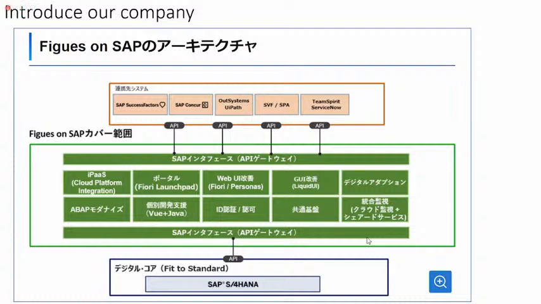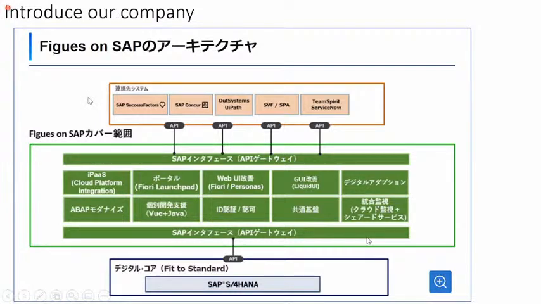Let me introduce our department. Multiple cloud systems are integrated through the name of the technology called FIGU. S/4HANA, Digital Core, and multiple SaaS and cloud products are combined together, and that collection of the technology is called FIGU on SAP.